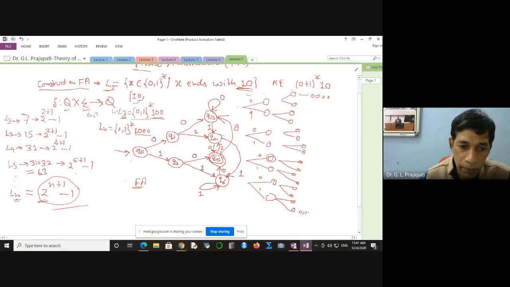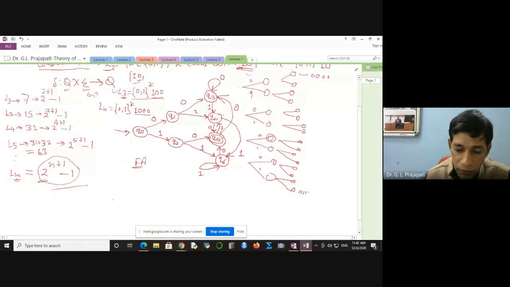So your FA must have the minimum number of states as possible. Hence we are saying that we are interested in the smallest FA.